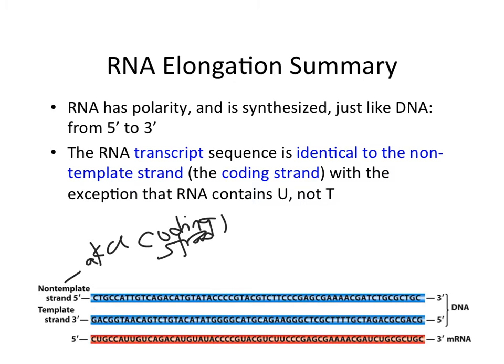So there are important things here to realize. RNA polymerase only reads one of the two strands, as was shown in the previous cartoon on the previous slide. It only reads one of the two strands. That's where it uses base pair complementation to match an A in the DNA with what nucleotide in the RNA?